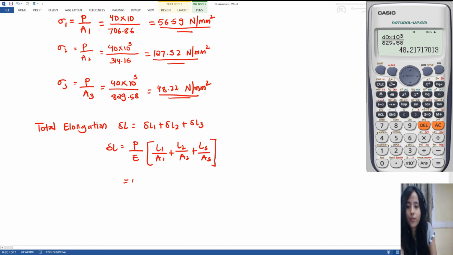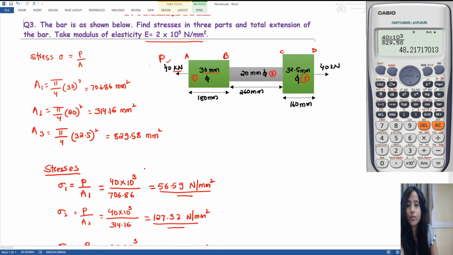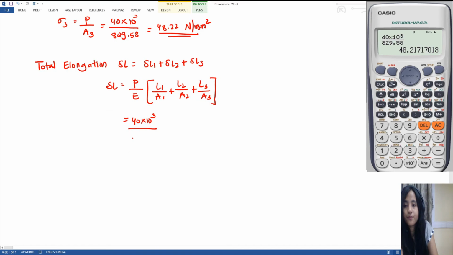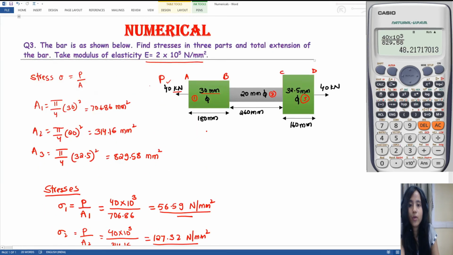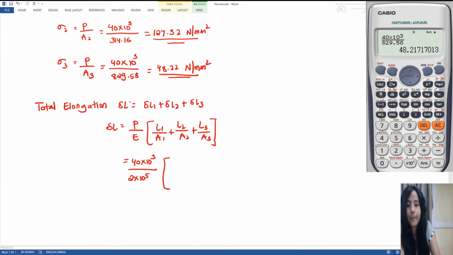So P was 40 kilonewton, 40 into 10 raised to the power 3, and E is equal to 2 into 10 raised to the power 5, into L1 180 divided by A1.